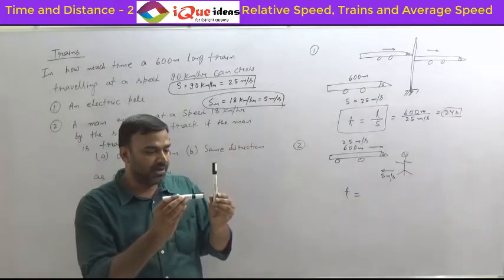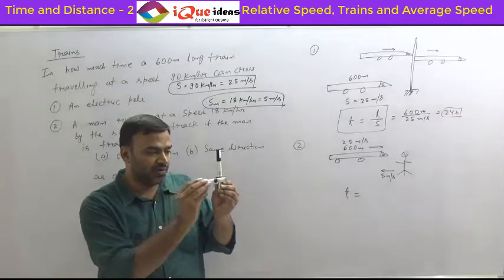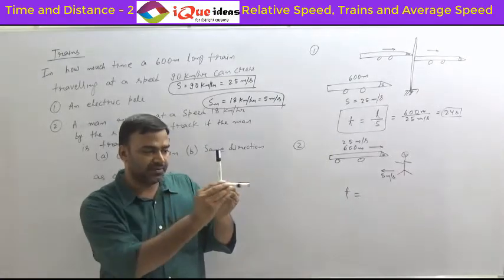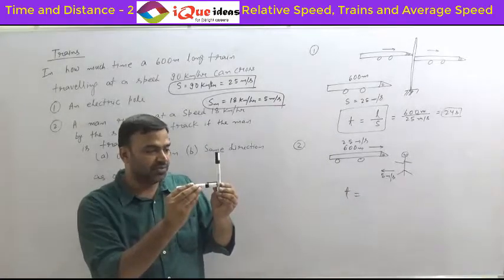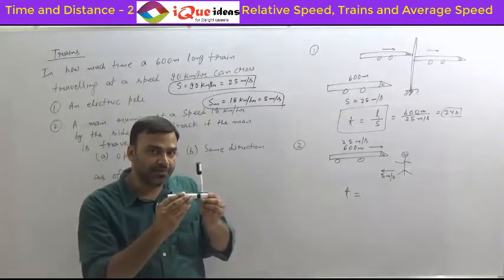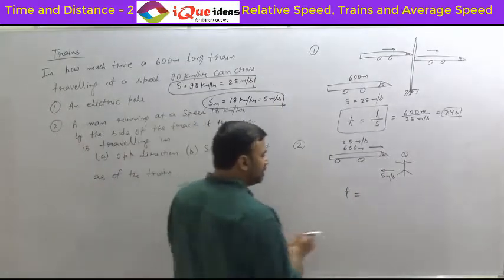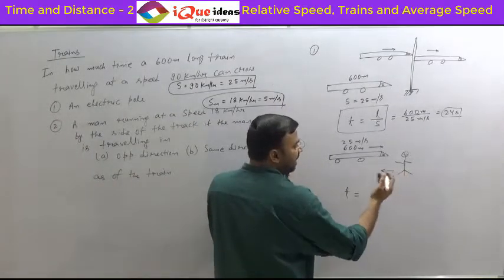Look at my hand. Initially, in the case of the pole, my left hand was not moving. Only the right hand, that was the train, was moving. But in the case of the man, my left hand is also moving, right hand is also moving. So now the time taken will reduce. Why will it reduce? Because they are moving in opposite directions, so the speeds get added.